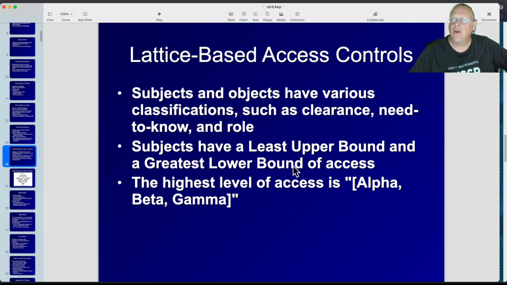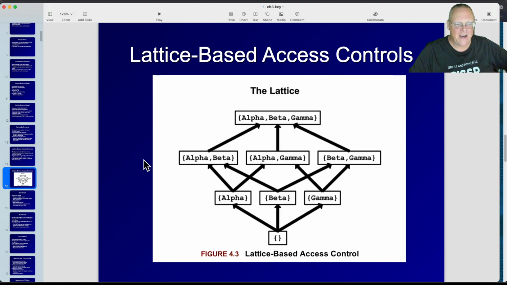It's a different way of specifying things than just saying you're cleared for top secret or secret. People with the most privileges are up here and people with intermediate privileges are there. A more complicated system, and I don't know much about it.